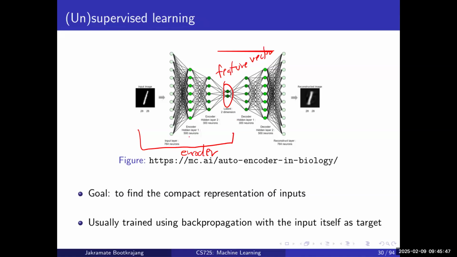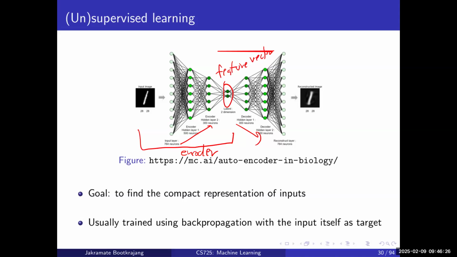So this is a clever way, right? You mirror your network, and your input and your output will be the same. The intuition behind this is that you have the data, you compress the data into a small number of values, and then you try to reconstruct this small representation to get the same image, the same input. If you can do that very well, it means that in the middle, your compact representation is good enough.